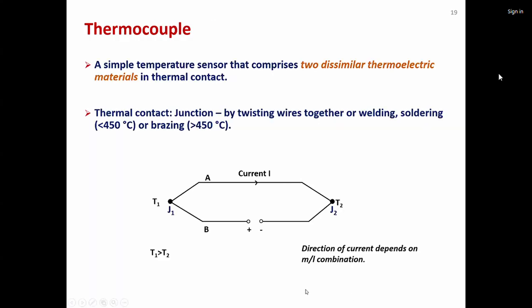But the essence is that whenever you have a temperature difference across the two ends, two terminals or two junctions, you will have a current flowing through the circuit, and that current basically gives rise to this EMF.